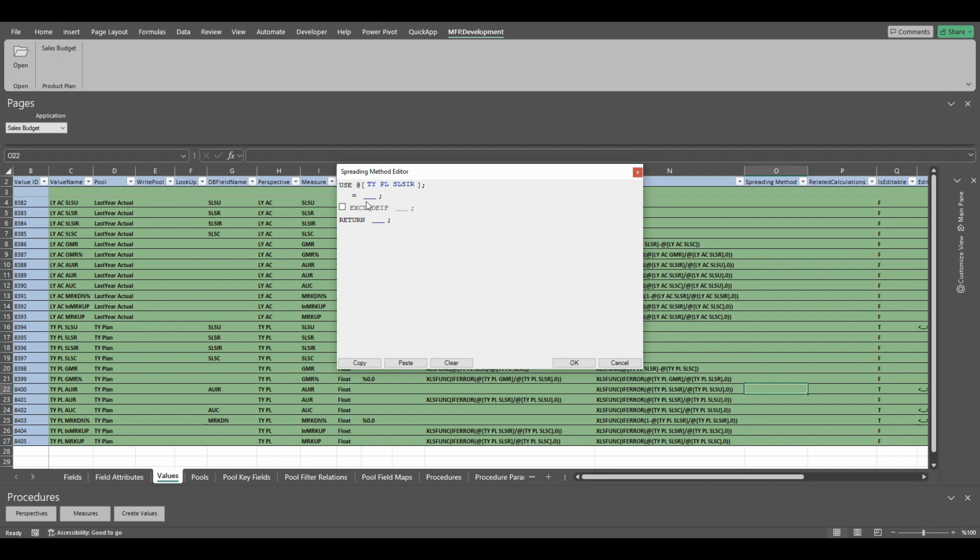In the second section, we write how the this year planned sales initial revenue will be calculated based on the entered average unit initial price value. Here, we also write an Excel formula, of course. If error in parentheses, let's close the parentheses and write our formula. This year plan sales unit multiplied by this year plan average unit initial price.